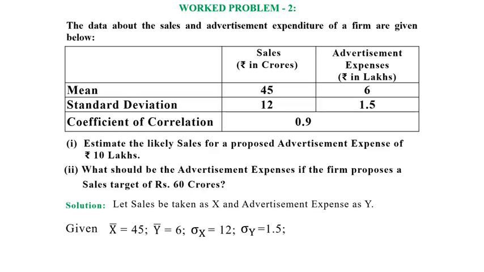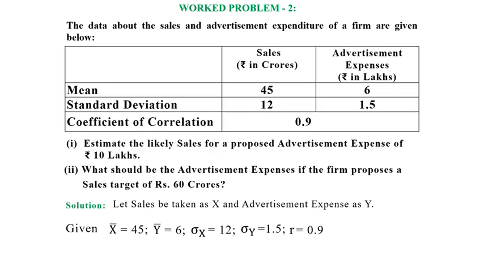We have already mentioned sales has been taken as x and advertisement expenses as y. Then 0.9 is the correlation coefficient, r equals 0.9. Using these we have to construct both regression equations and estimate the sales and advertisement expenses when advertisement expenses and sales are given.